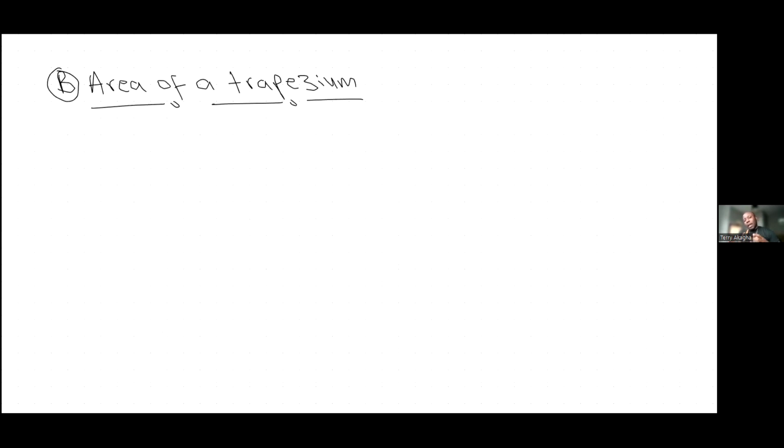It's just talking about the amount of space inside the trapezium. When we talked about a rectangle, we said the amount of space inside the rectangle. When we talked about a square, we said the amount of space inside of a square. So the same thing, the area of a trapezium is the amount of space inside the trapezium.